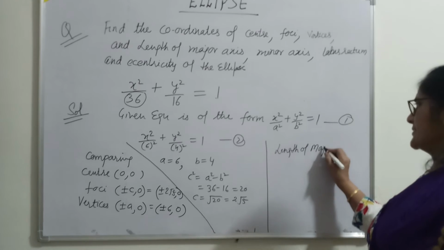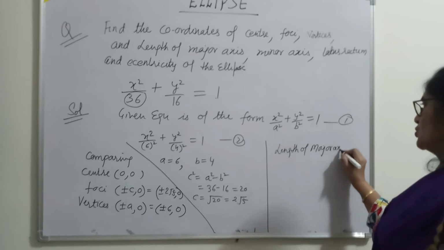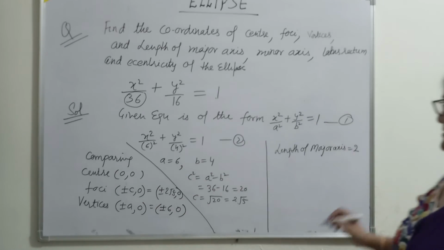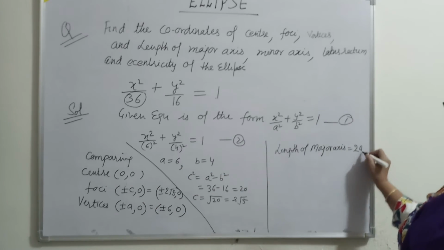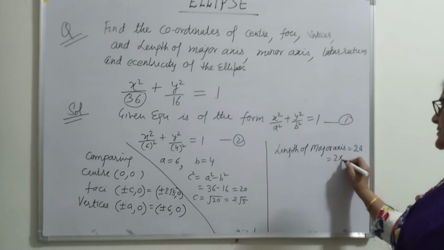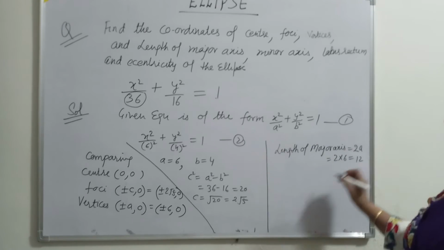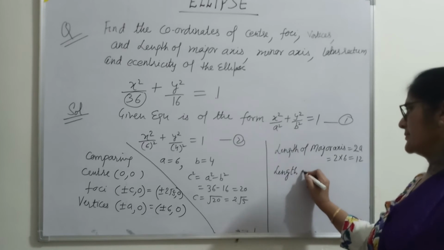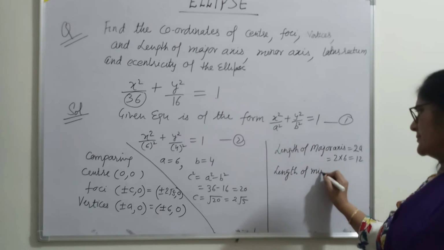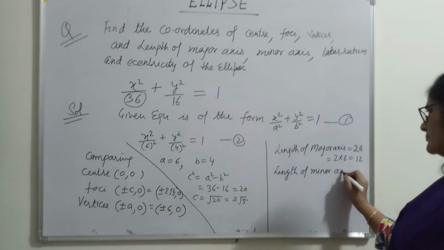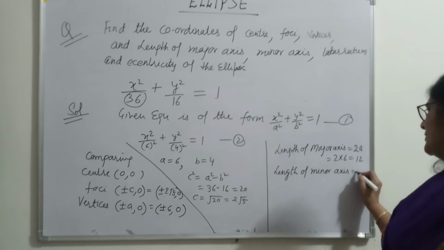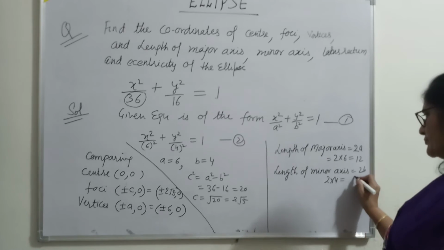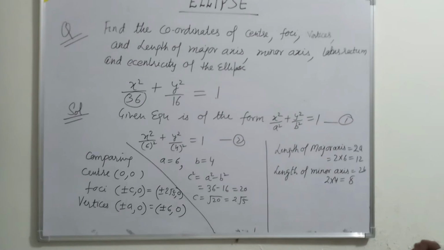Length of major axis is 2a. What is a? 6. So 2 into 6, that means 12. Length of minor axis is 2b, 2 into 4, that is 8.